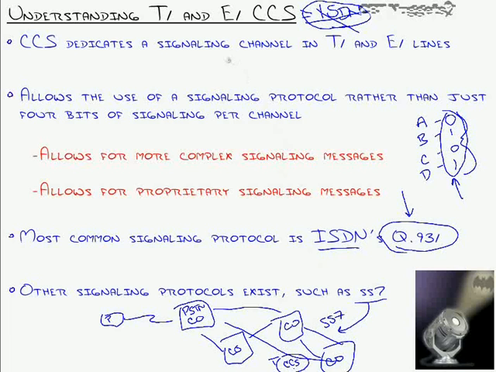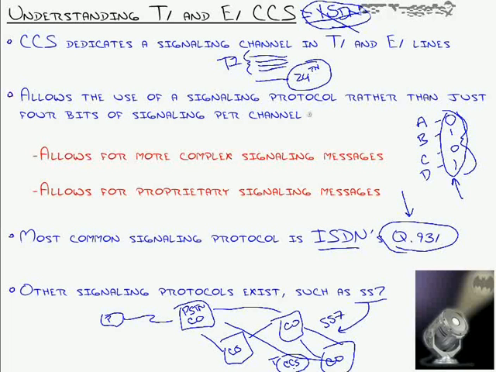So if you're using T1, the drawback of using CCS is you now only have 23 channels. Here's my 23 channels of data, and that 24th channel is dedicated. It's gone. I can't use it for voice anymore. That is all signaling information. With E1 lines, there's no drawback.